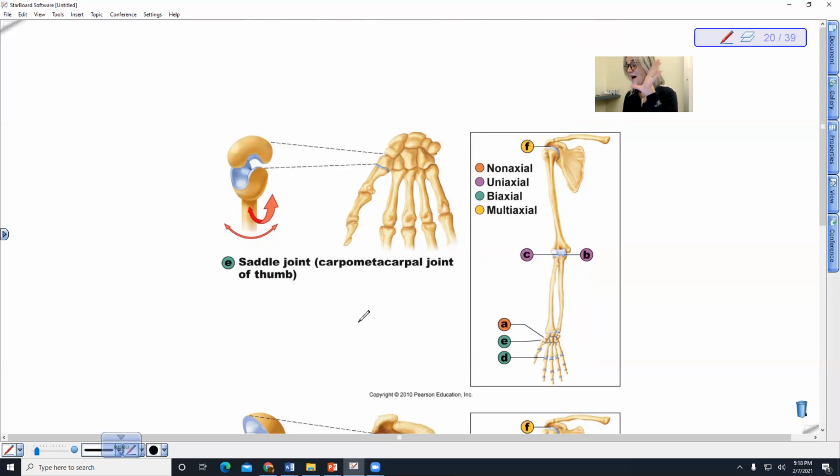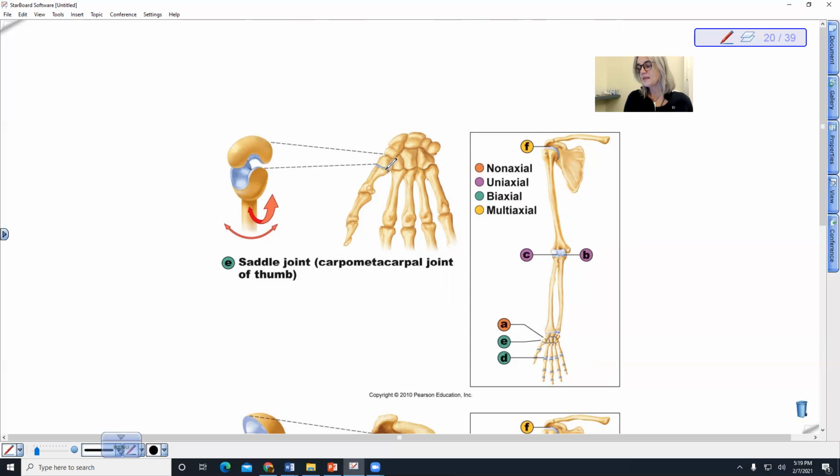The thumb joint, super important to primates. We have opposable thumbs, and in fact, this is a special movement. It's called opposition, where the thumb opposes the fingers. So opposition is only seen in that thumb joint. When we look at that carpometacarpal, there is what is referred to as a saddle joint. And so you can see why it is called a saddle joint. It looks like a saddle and like a little person sitting on top of it.